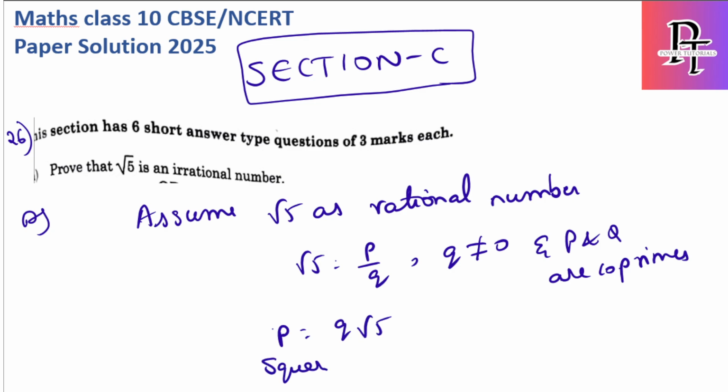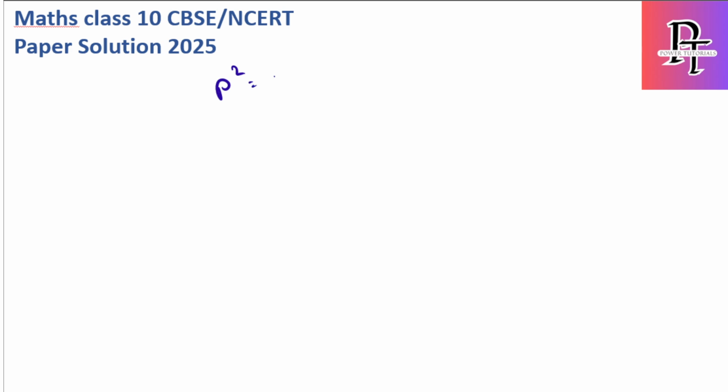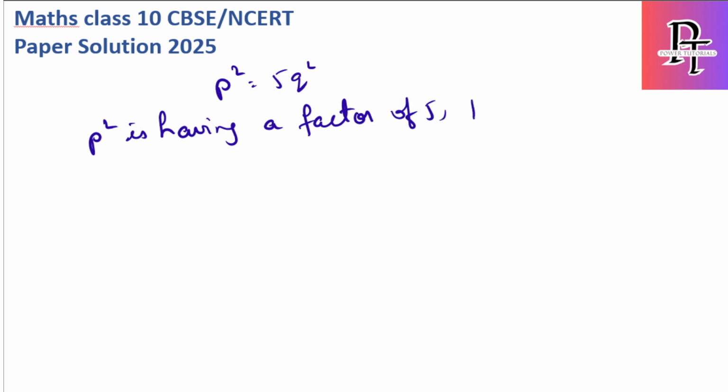Next, squaring on both sides, we get p square is equal to 5q square. So as I can see, p square is having a factor of 5, then p also has a factor of 5.